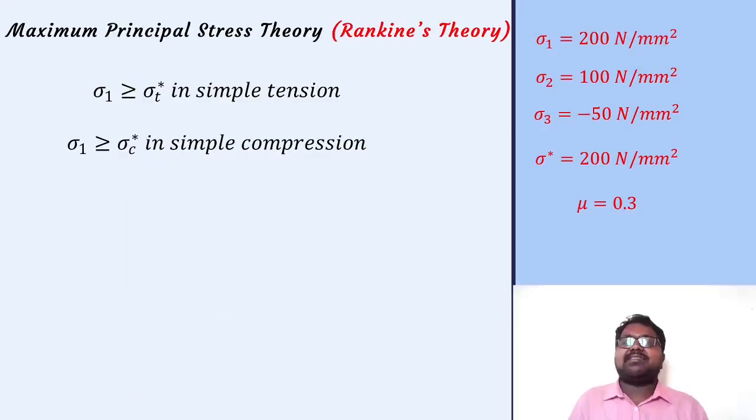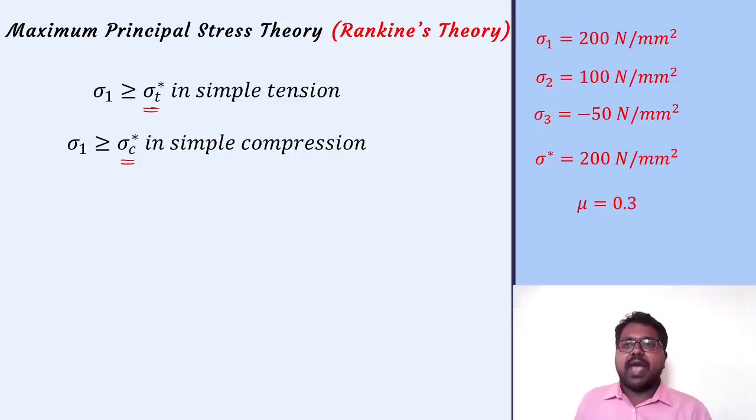The first one is maximum principal stress theory. According to maximum principal stress theory, material is going to fail whenever the major principal stress or the maximum principal stress which is acting in the member is greater than or equal to maximum stress at elastic limit in simple tension or in simple compression. See here, if sigma 1 is greater than or equal to sigma T star in simple tension or sigma C star in simple compression, then material will fail.